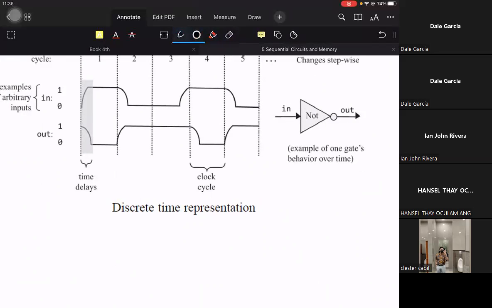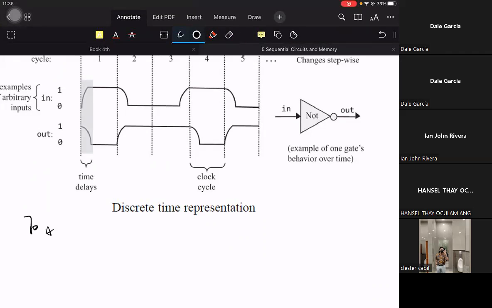So I'll put out a statement here, one of the solutions to this problem.